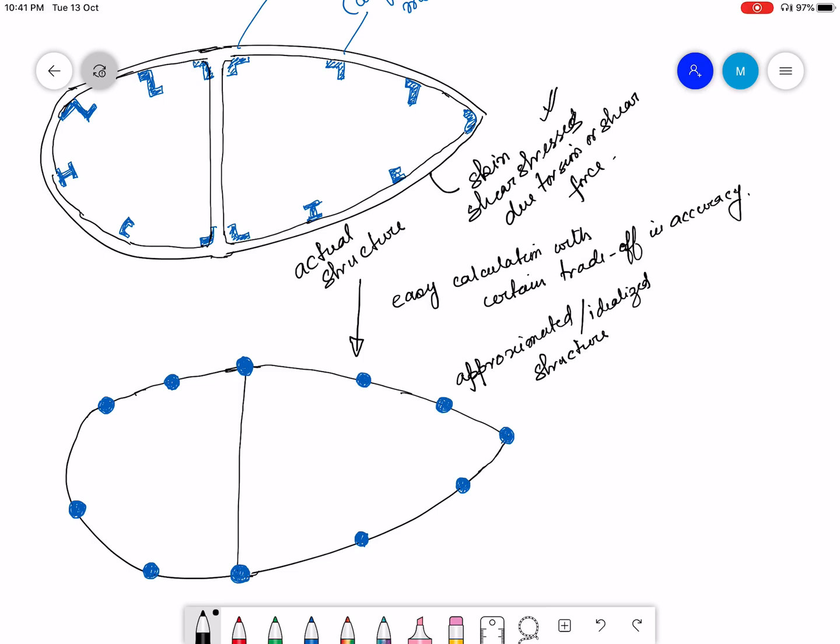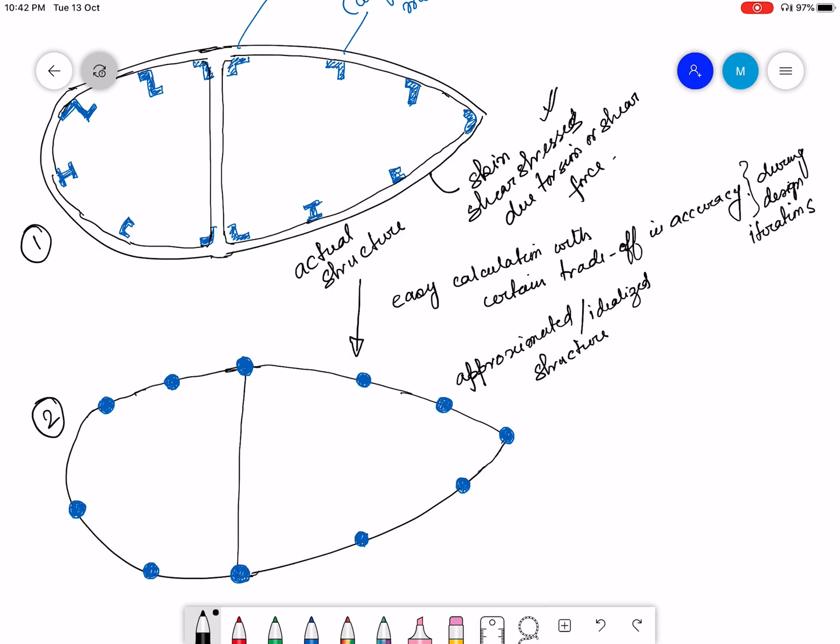So this is happening during design iterations. Now let us talk about how you approximate the figure that I have drawn. How did I get this figure? Let me call this figure 1 and this figure 2. How do I get figure 2 from figure 1, and what does figure 2 represent?